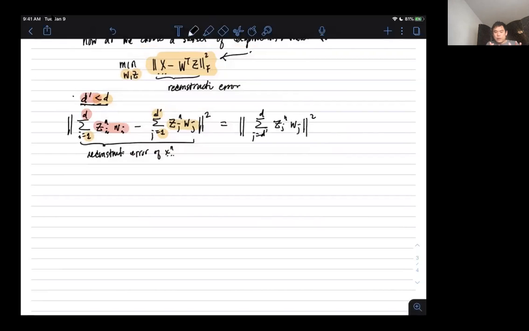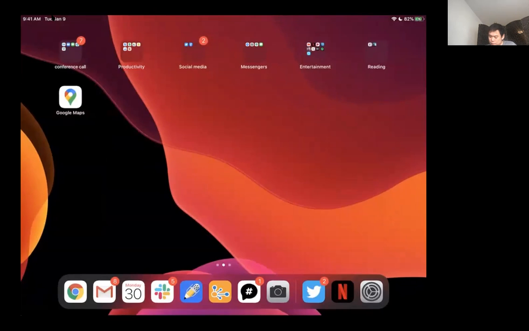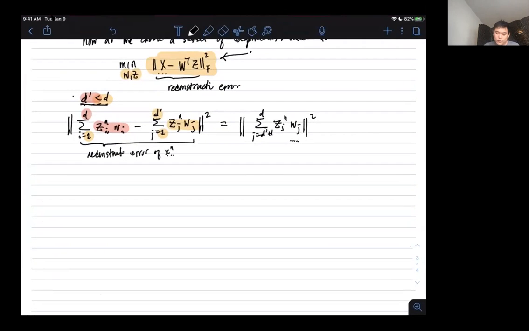Because there is a shared part that goes from 1 to D prime, where D prime is smaller than D, all we now care about is going from D prime plus 1 all the way to D. So we are looking at the norm of the eigenvectors that go from the D prime plus 1 dimension all the way to D in the code vector dimension. And then they're all weighted by the actual value in the code. Makes sense so far, right?